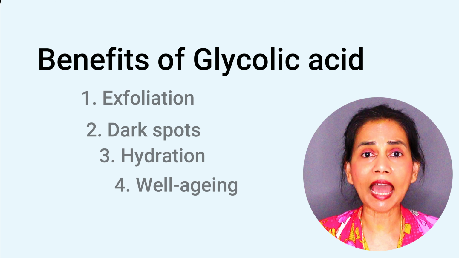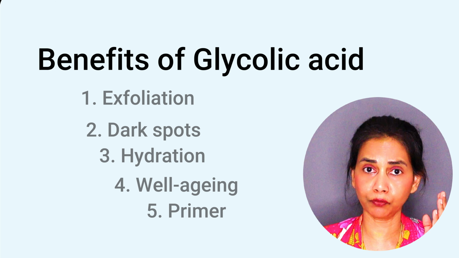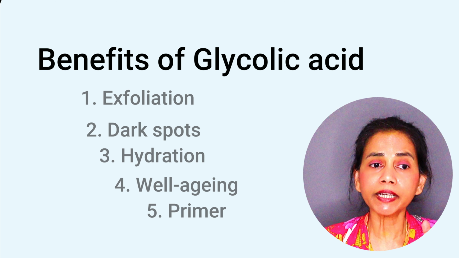Glycolic acid kind of acts as a primer, not the primer that you would use as a base for makeup, but a different kind of primer. You see, by getting rid of all these unwanted cells, glycolic acid is getting rid of this unwanted thin layer on top of the skin. It is evening out the skin tone.